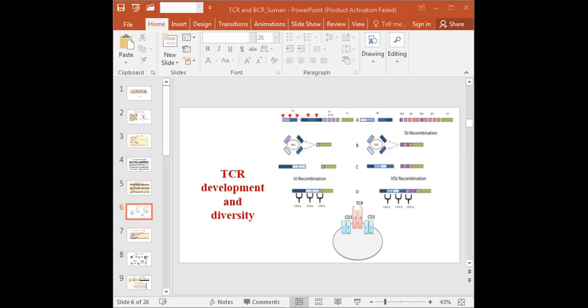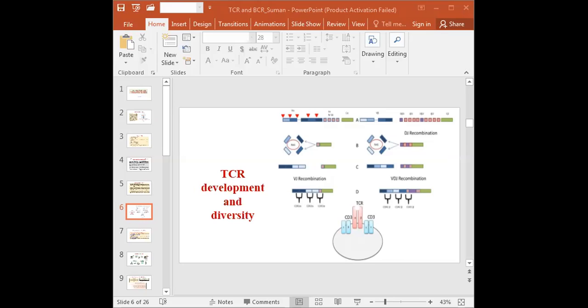So VDJ recombination, along with the addition or deletion of nucleotides at the junctions between gene segments, helps to generate an astounding amount of TCR diversity.